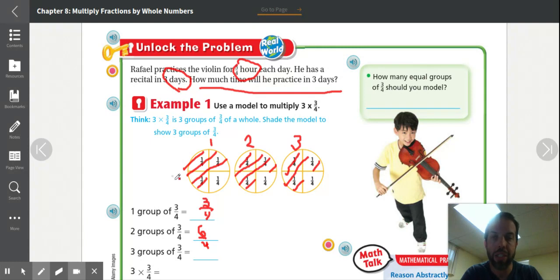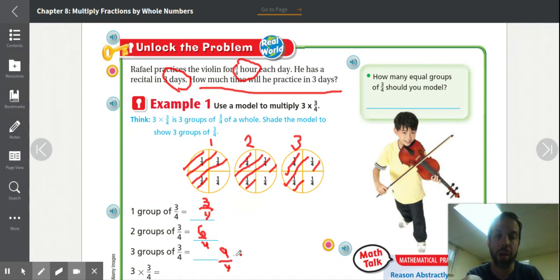Now I can simply count 1, 2, 3, 4, 5, 6, 7, 8, 9 fourths, or you could think of it as 3 times 3/4, which would be 9/4. Okay, so how much time is he going to spend? Well, he's going to spend 9/4 of an hour.